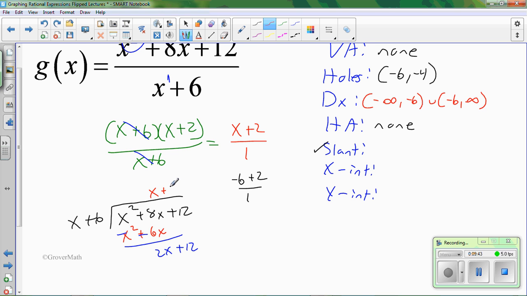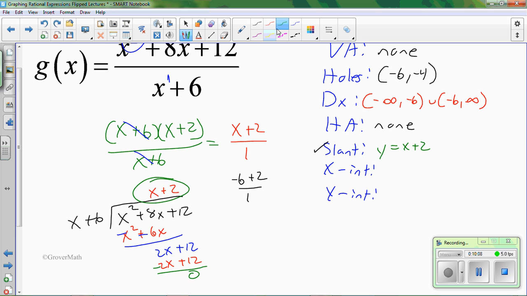I multiply it by 2, which is 2x plus 12. And this is a case where it actually is a factor of it, so it's a perfect remainder of 0, but remember the remainder doesn't really matter. It's not always 0, but in this case it is. Your slant would be y equals x plus 2.